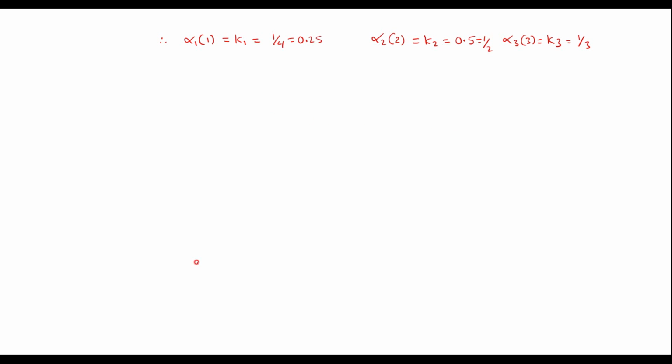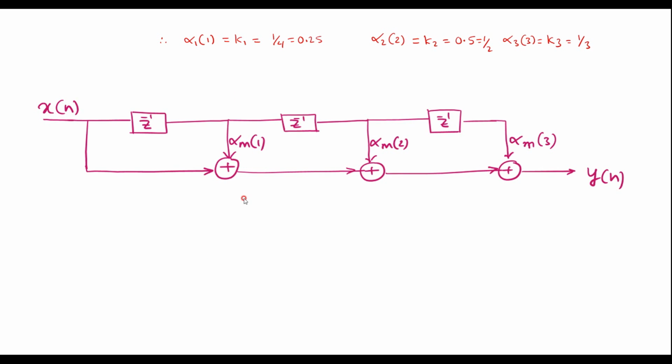So now for understanding purpose, here I will draw the direct form structure, how it looks like. This is the direct form structure, shown below for m is equal to 3.